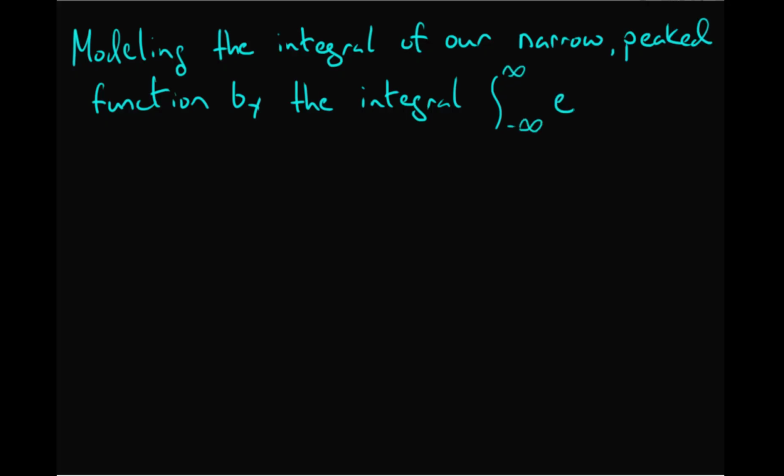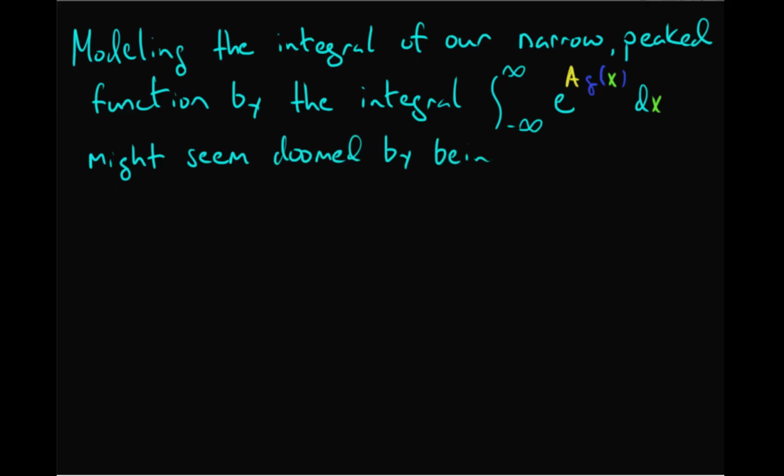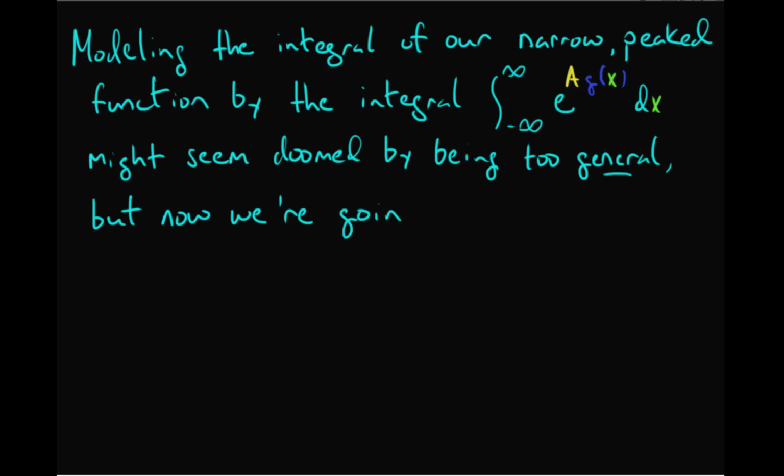I'm now saying that we can replace that with something more general, a function of the type e to the a, where a is again a positive constant, times some function g of x. And it might seem that that function that I'm replacing e to the negative x squared with is just too general to be useful. But now we're going to impose some conditions on g of x, and in so doing, you'll see that we're going to recover an integral that looks very much like a Gaussian.